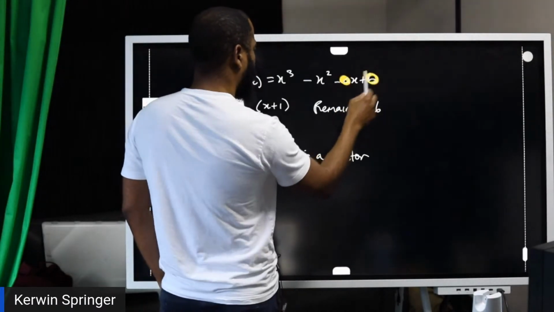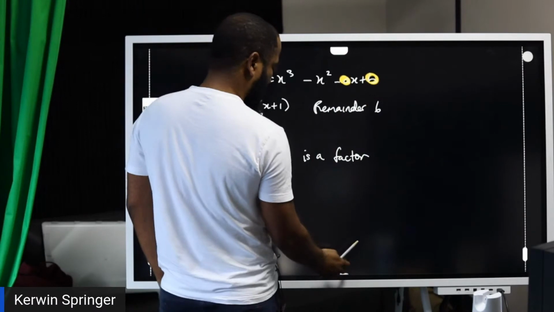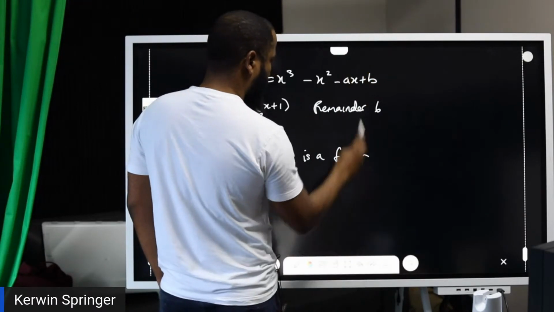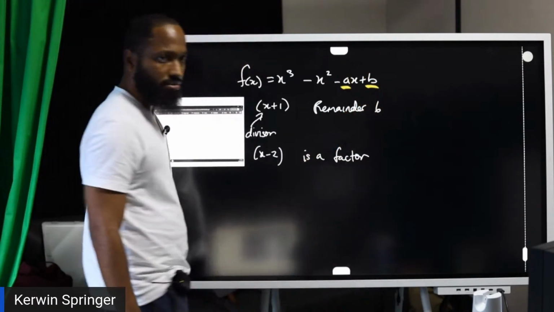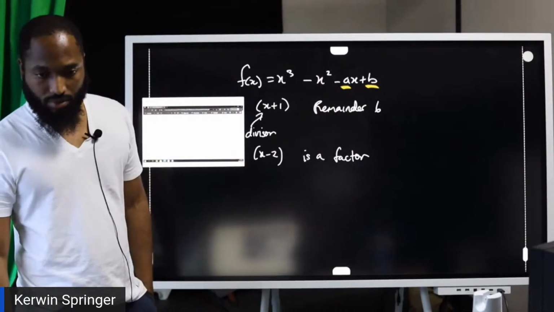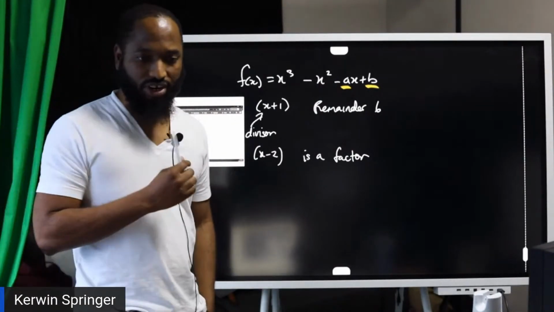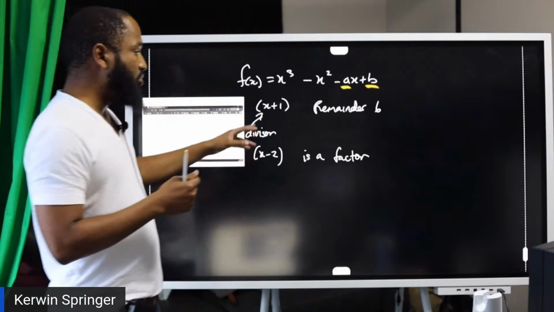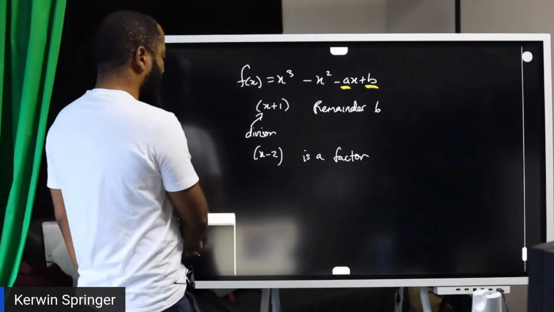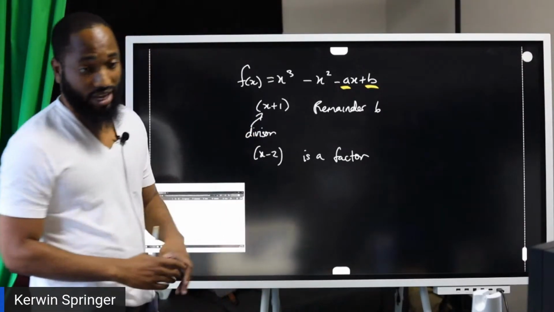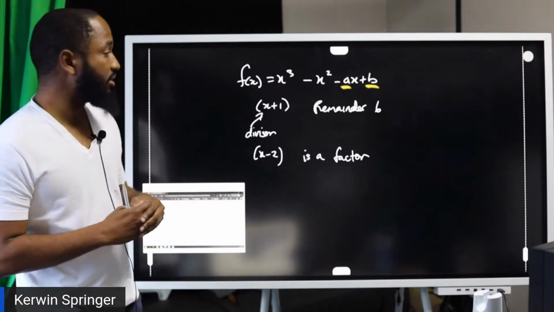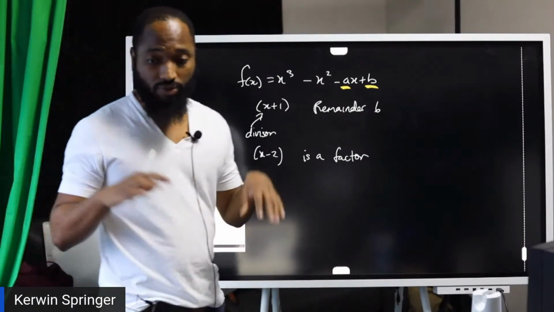That a and that b, that's what you're trying to find, and these are the two conditions. Now, there's a popular style of question. You could even get this in pure maths, so if you're any pure maths people here, take this in.